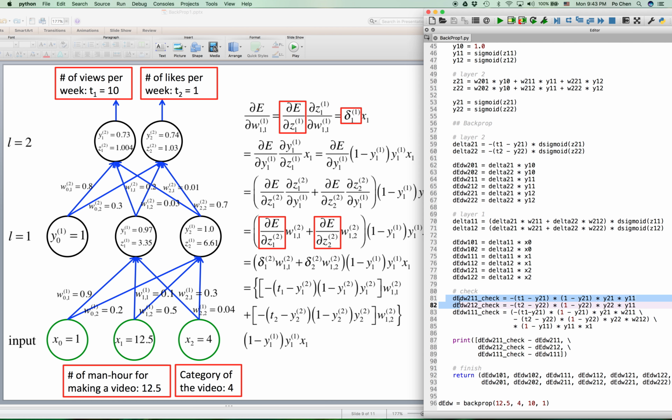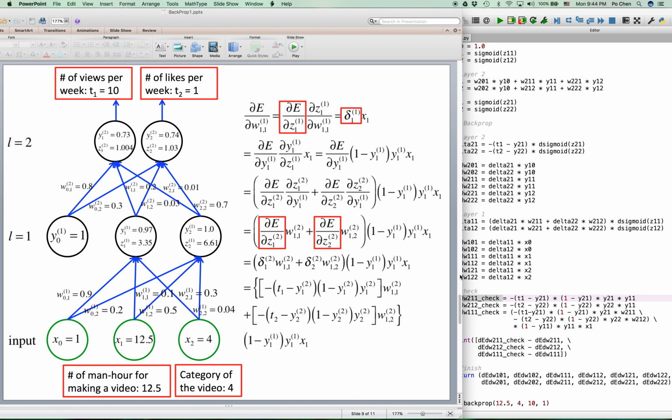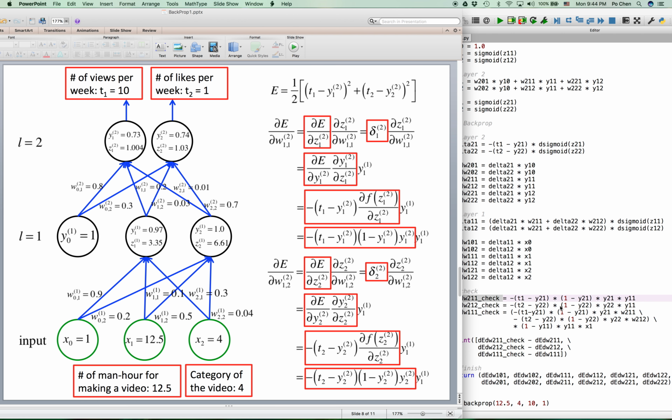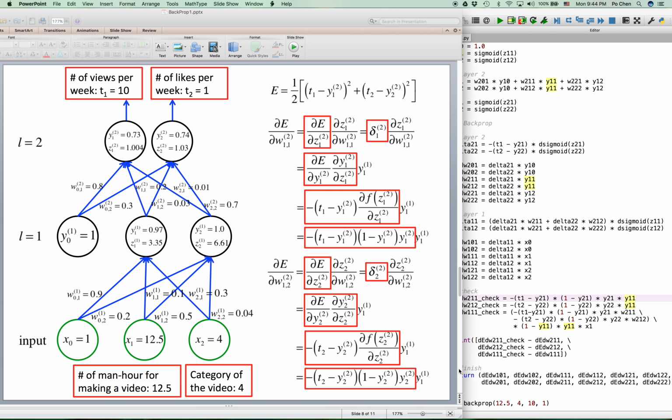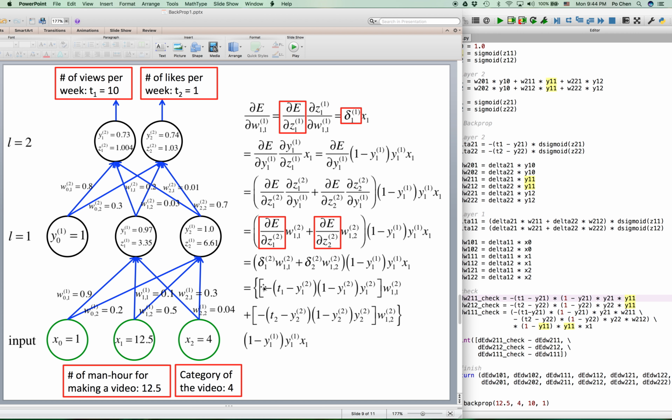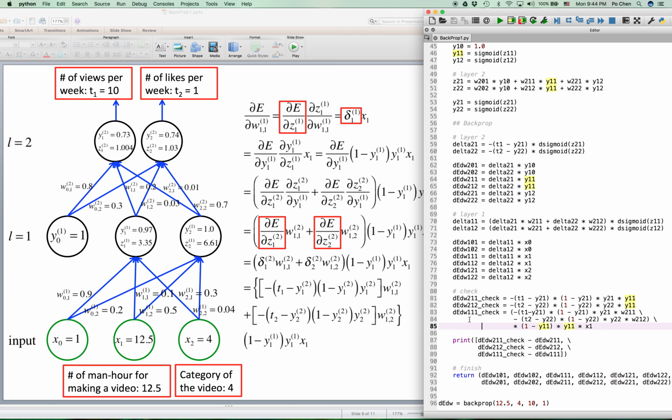So here, dE dW 2 1 1 underscore check is just a straightforward translation of the analytic expression into Python code. It's T1 subtract Y21, multiply 1 subtract Y21, multiply Y21, multiply Y11. For dE dW 2 1 2 underscore check, it's exactly an implementation of this particular formula. And for dE over dW 1 1 1 check, it's exactly an implementation of this particular analytic expression.